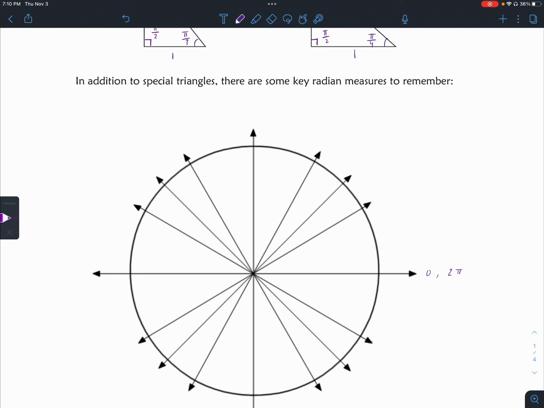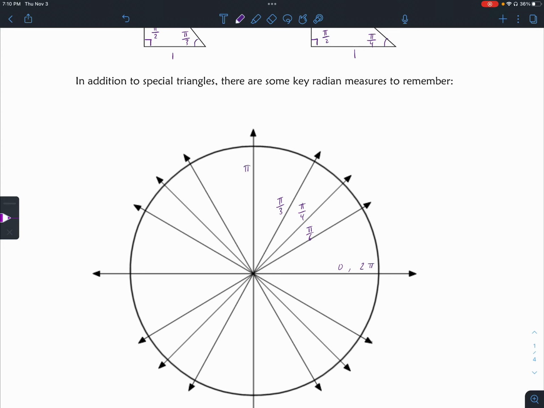Now 30 degrees, we already know, is pi over 6. 45 degrees is pi over 4. 60 degrees is pi over 3.